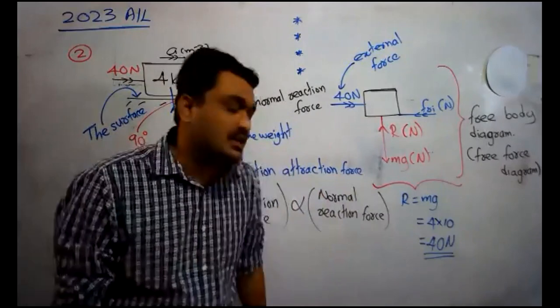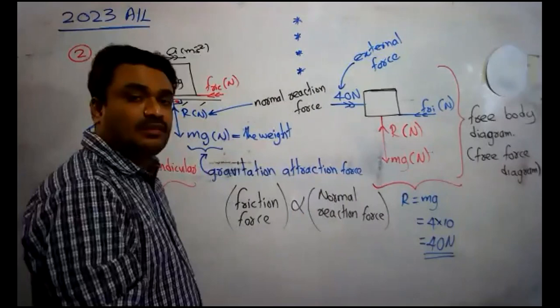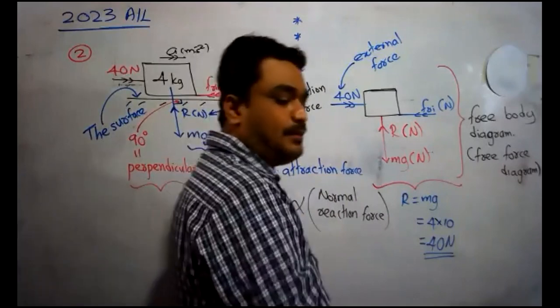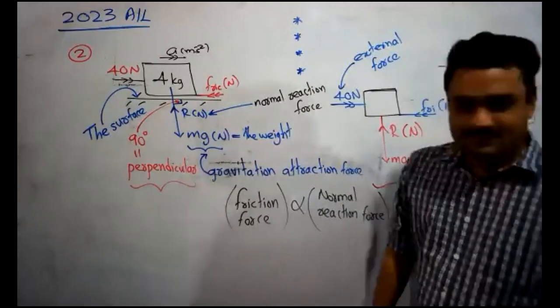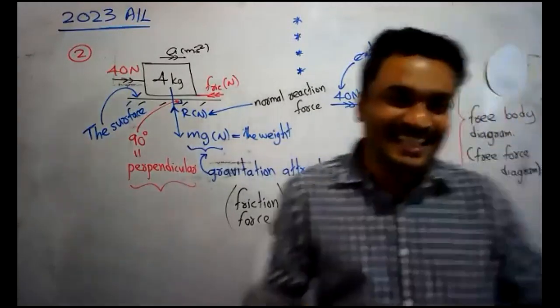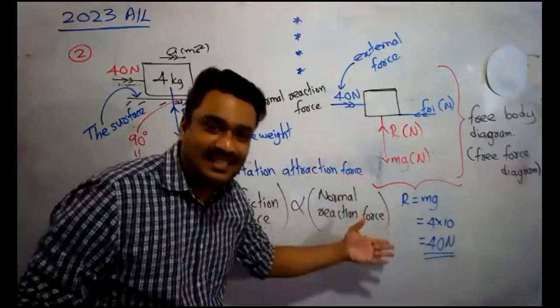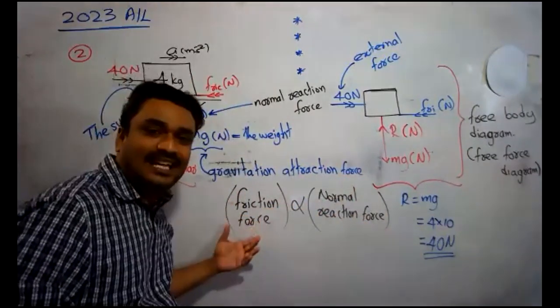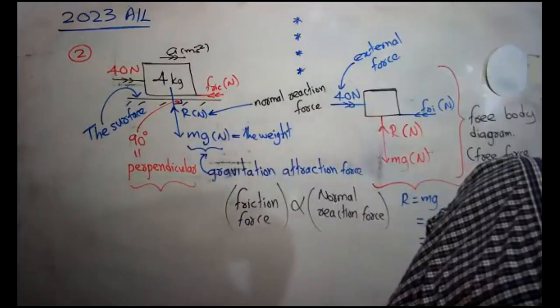What does directly proportional mean? Can somebody explain? What's the meaning of directly proportional? So simple. If the normal reaction force is larger, the friction force will also be larger.